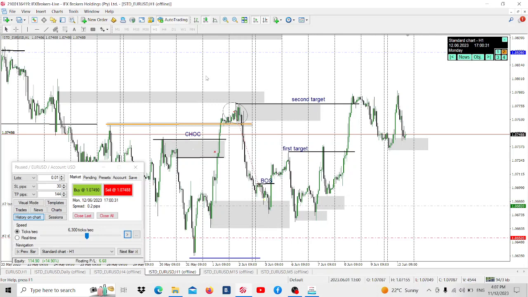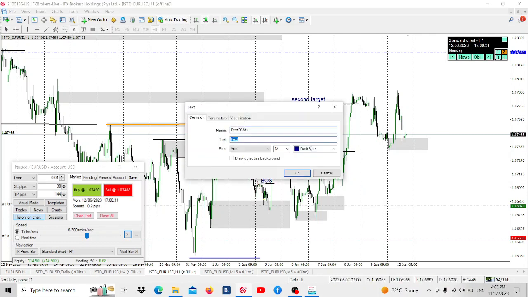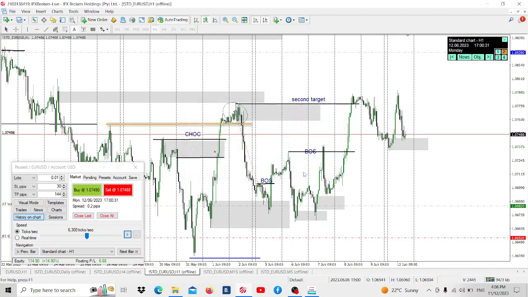Now let's analyze again what's happening, right? Target 1 was reached. Target 1 left a break of structure. Now we have liquidity resting above.